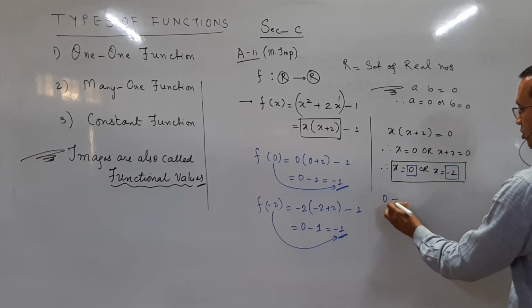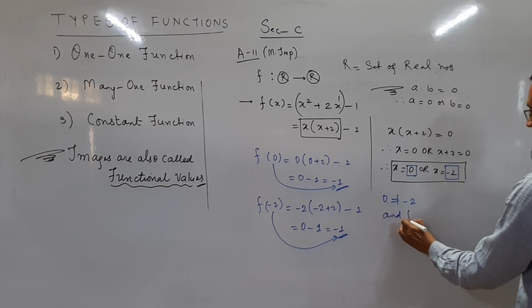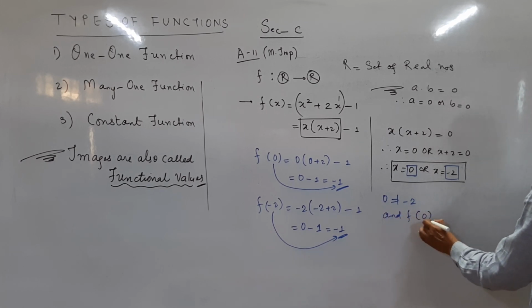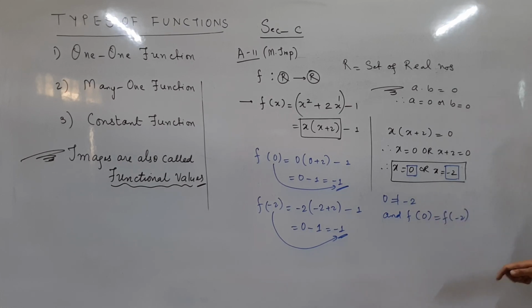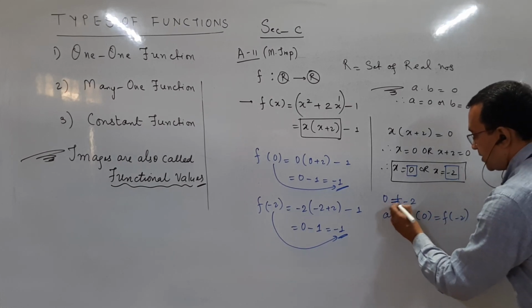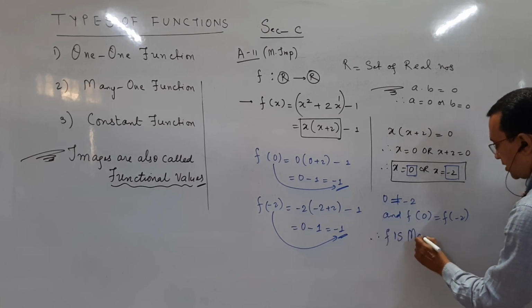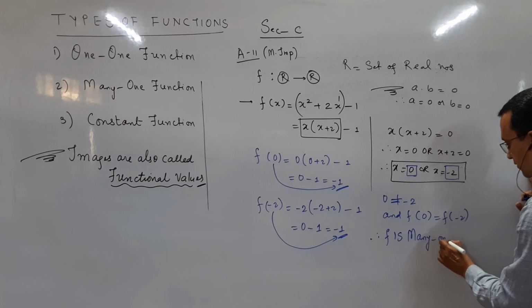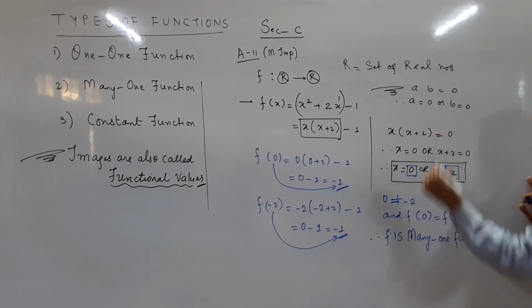So 0 not equal to minus 2 and f of 0 equal to f of minus 2. Two elements are distinct but their images are same. Therefore f is many-one function. This is the answer.